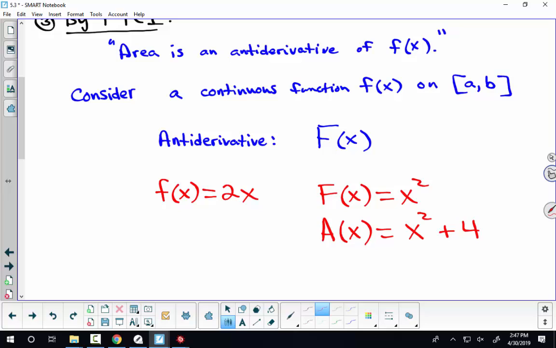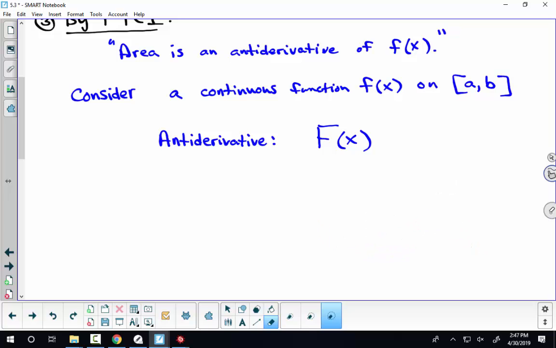Everybody okay with that? So then what we're going to say is, if capital F of x is an antiderivative of lowercase f, then also capital A of x plus some constant is also an antiderivative of lowercase f.